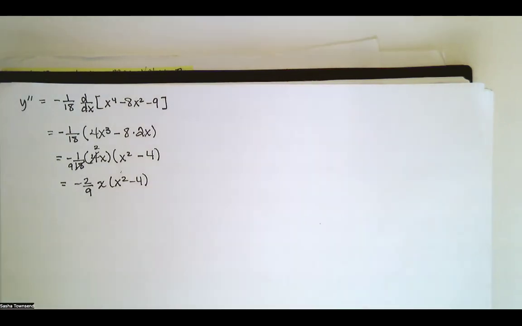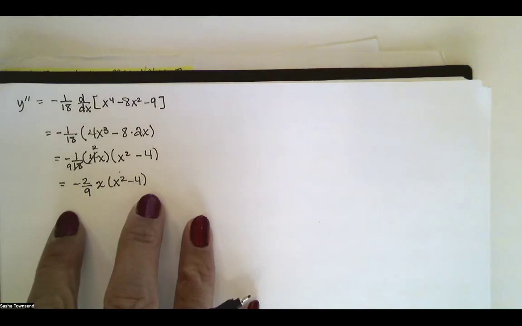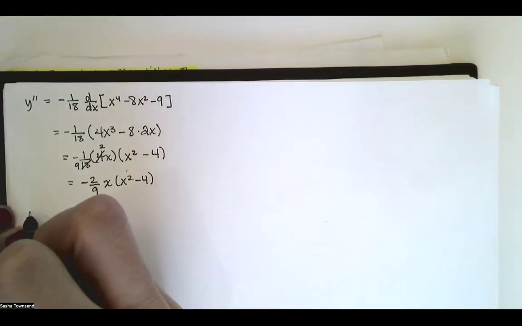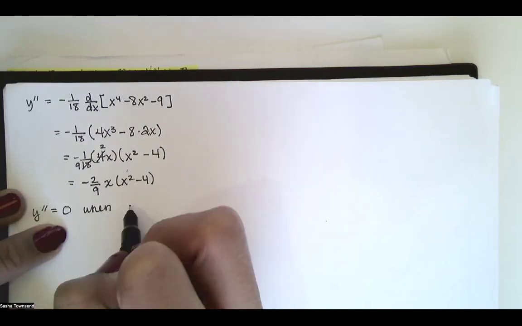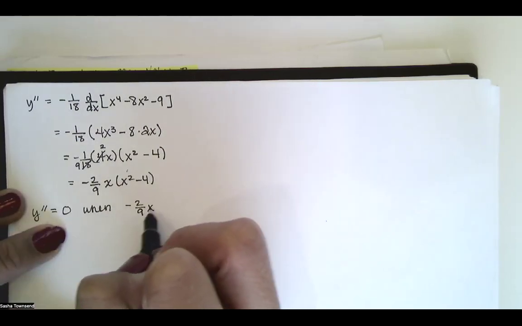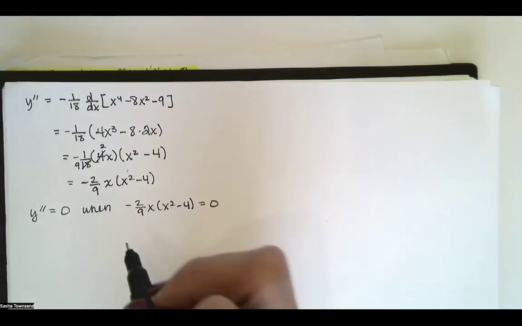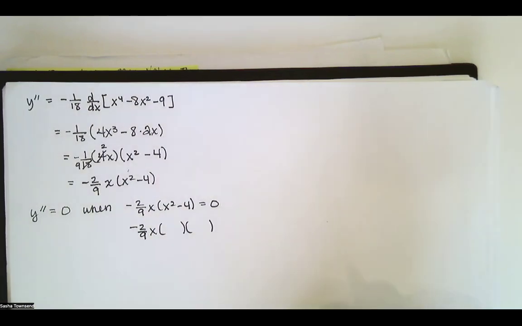Now, in order to find the intervals where y double prime is positive or negative, we need to find the x values where y double prime is 0. So we set y double prime equal to 0 and solve for x. Now, x squared minus 4 is a difference of squares, so we can factor that.